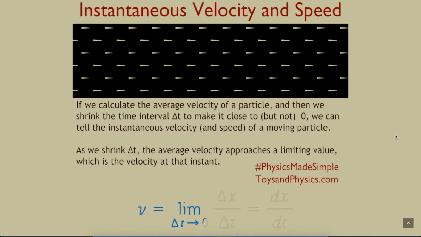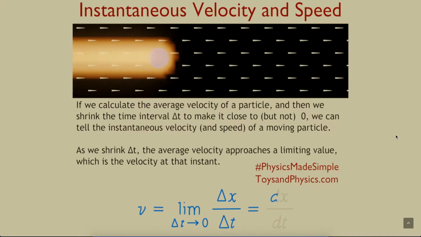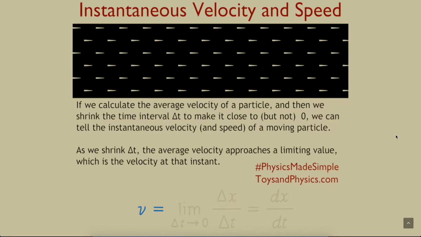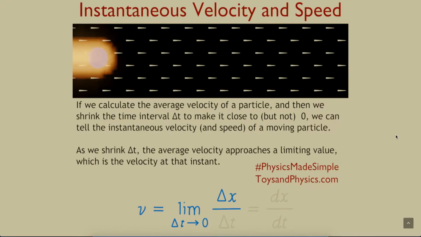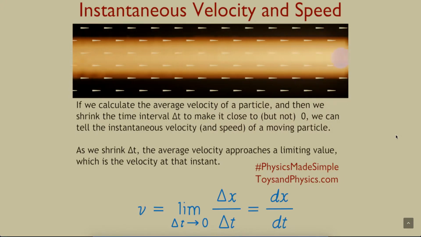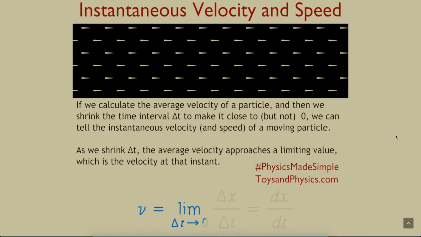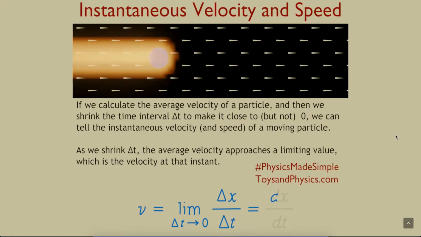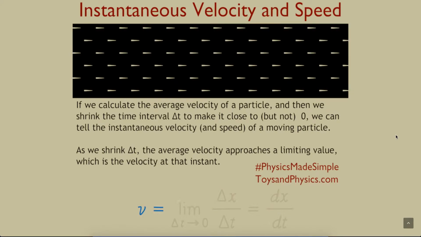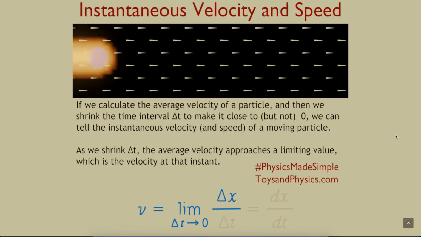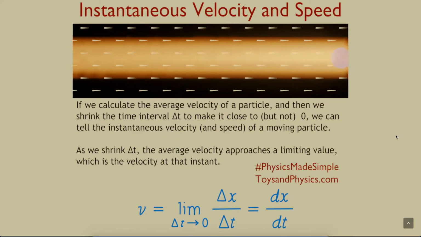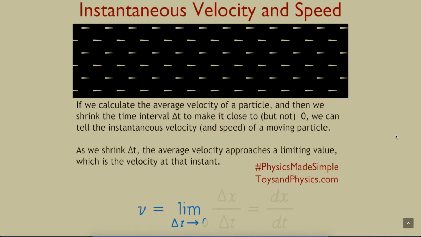When we shrink that time interval down toward 0, the average velocity approaches a limiting value, which is the velocity at that instant. That limiting value is reached when delta t approaches 0.